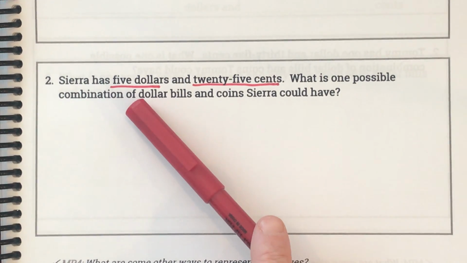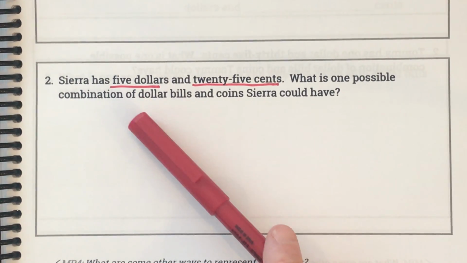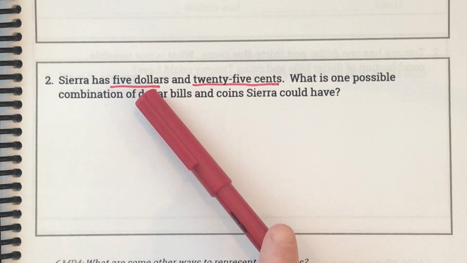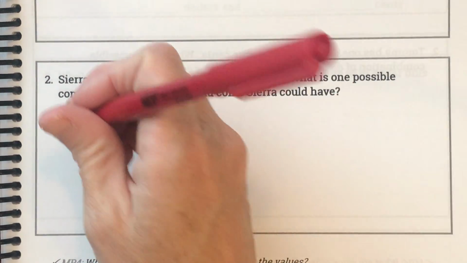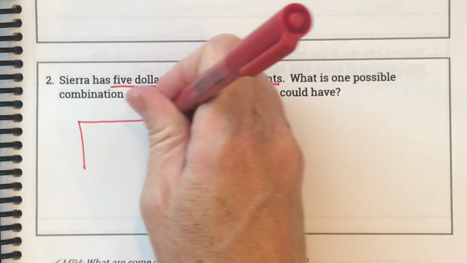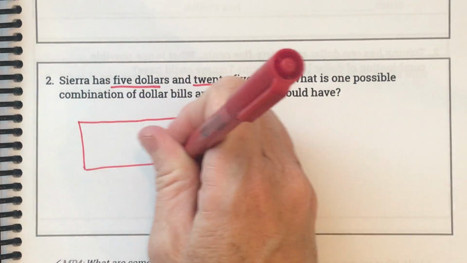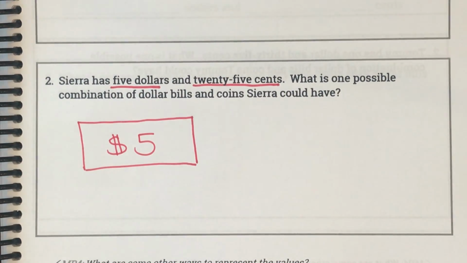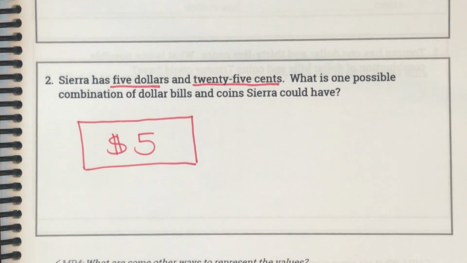So for dollar bills, remember our largest is $100. She couldn't have that. She couldn't have a 50. She couldn't have a 20 or a 10, but she definitely could have a $5 bill. So I'm going to say she has a $5 bill. Now, this isn't the only answer, but this is what I'm going to choose.